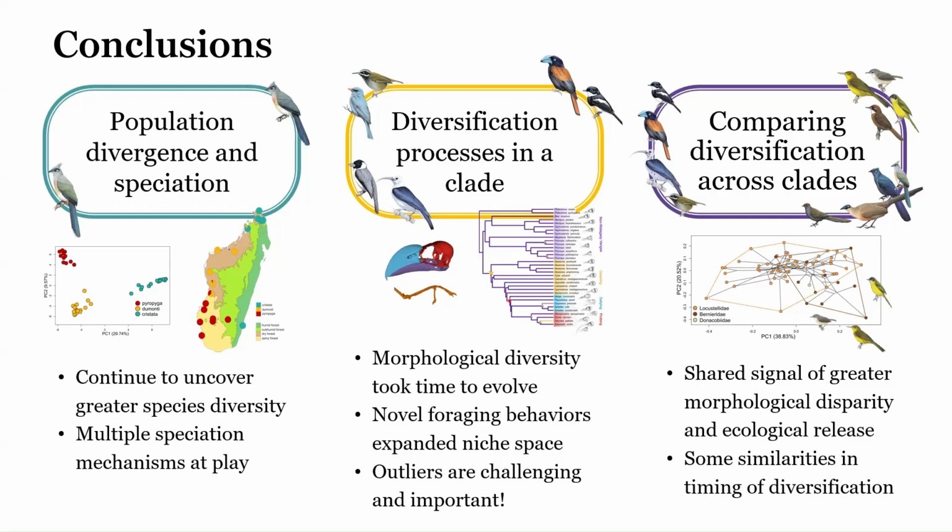And there seemed like there might be some shared timing as well, at least between kuas and Vangas. So I spent 6 years working on these questions. It feels like I could spend a whole lot more on them. There's so much more to do. That's exciting. But I'll leave it here for today.